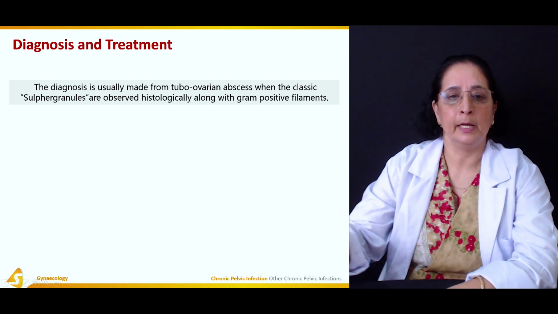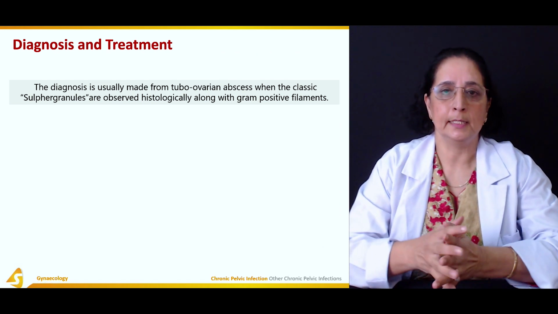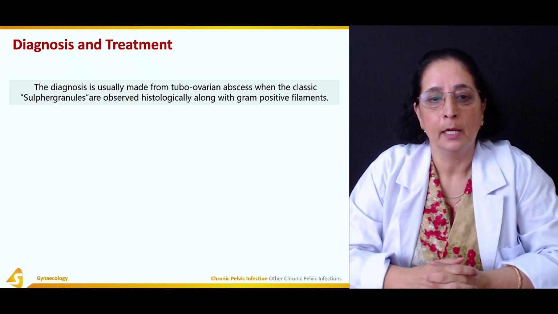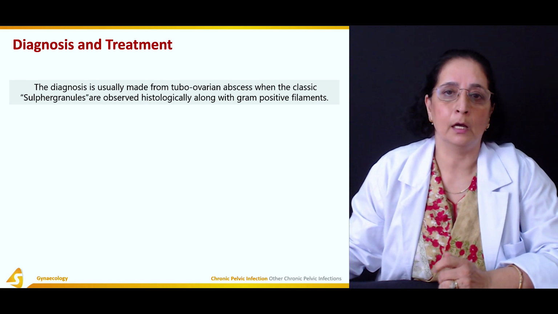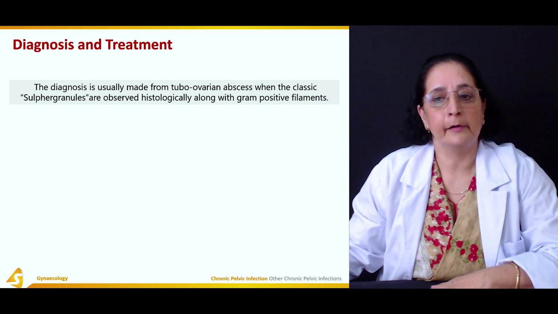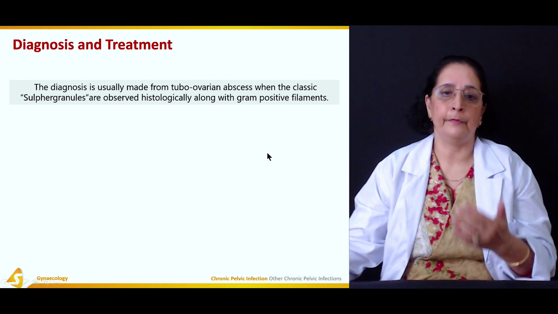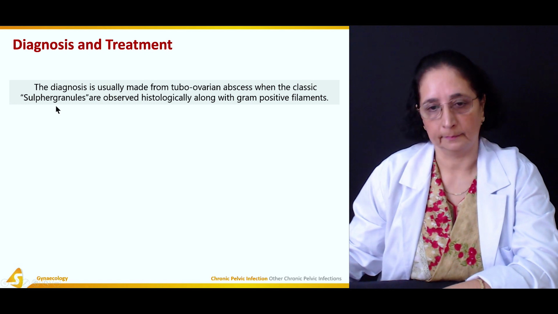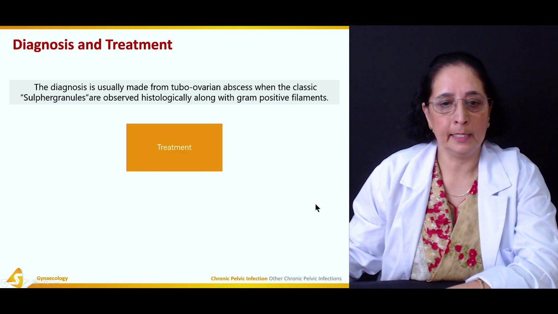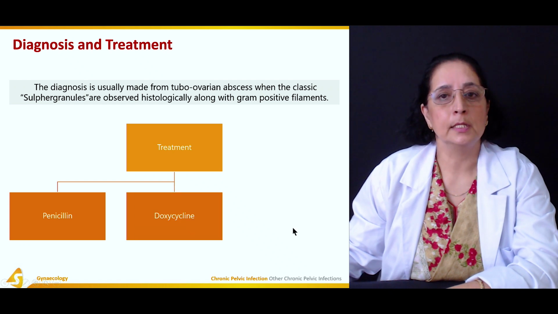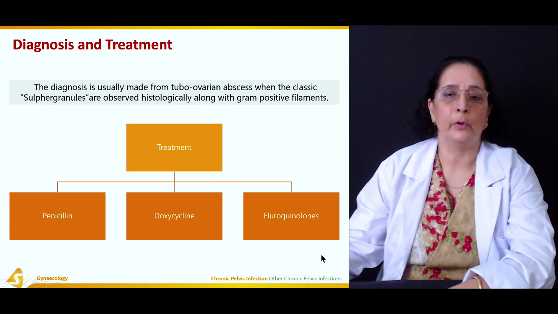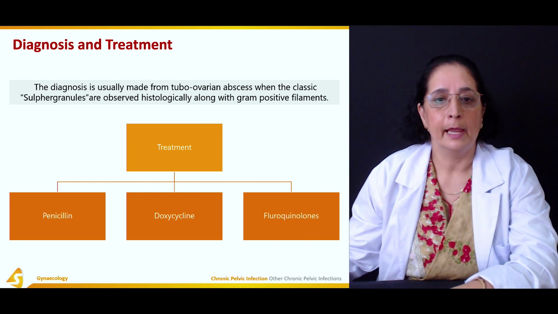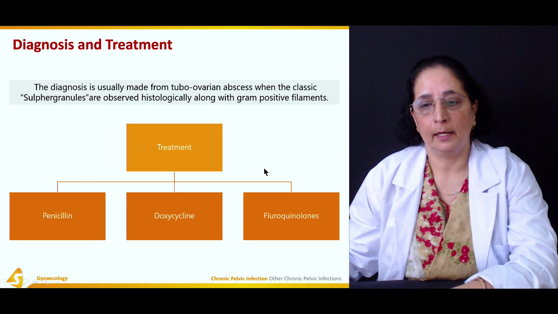Diagnosis of actinomyces infection is usually made from a tubo-ovarian abscess when sulfur granules are observed along with gram-positive filaments. Treatment is penicillin, doxycycline, and fluoroquinolone. So antibiotics are effective for the treatment of Actinomyces israelii.